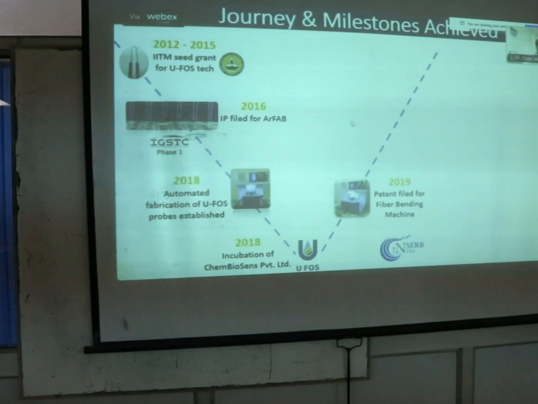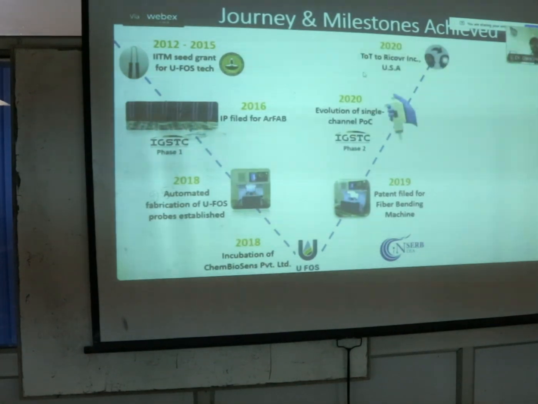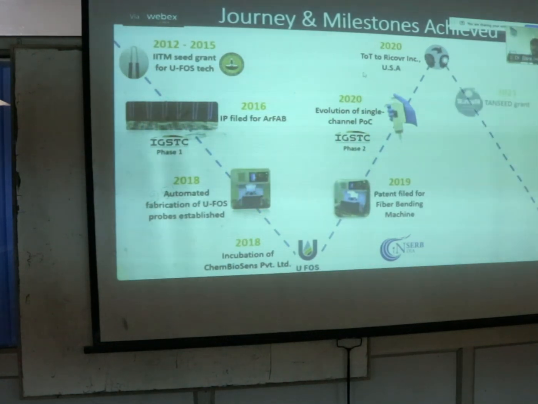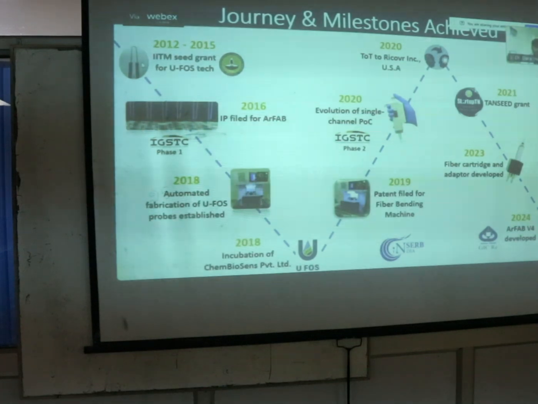Over a period of time, the product evolved from a simple solution in a single kit to also a device which can do multiple samples at a time. What you saw here is the ideation, and what you are seeing at the end is the product.